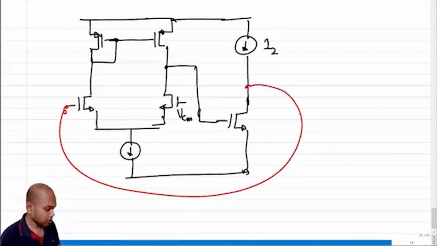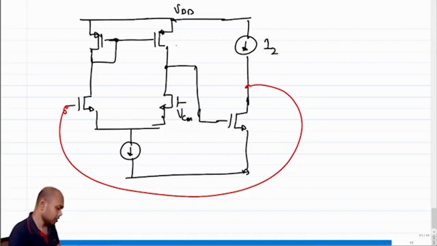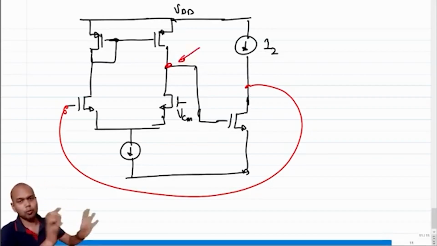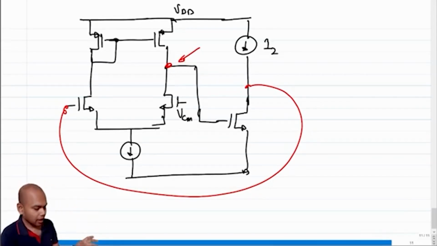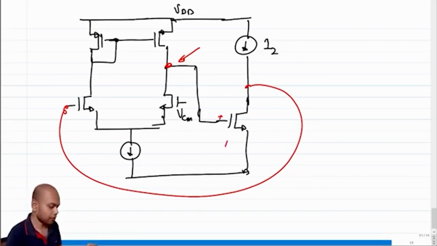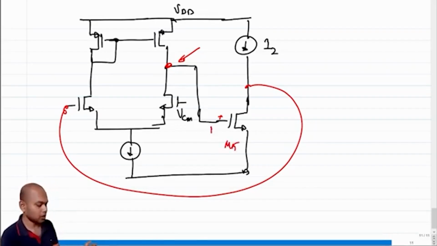But what's the issue? The issue depends upon the expected output voltages, the quiescent condition. In general, the natural voltage of the output of the first stage is more towards VDD, and it's probably true that the natural voltage, the expected VGS of this M5, is more towards ground.